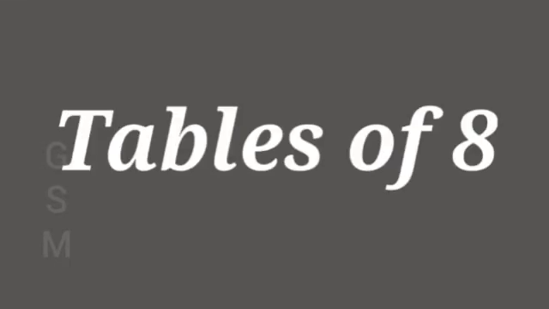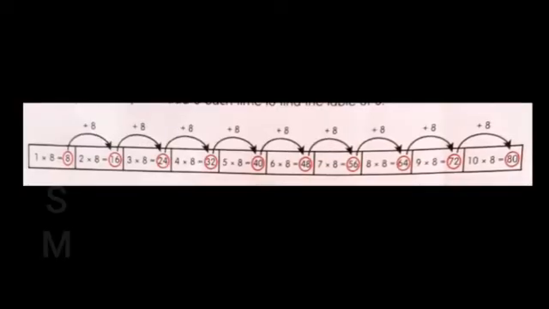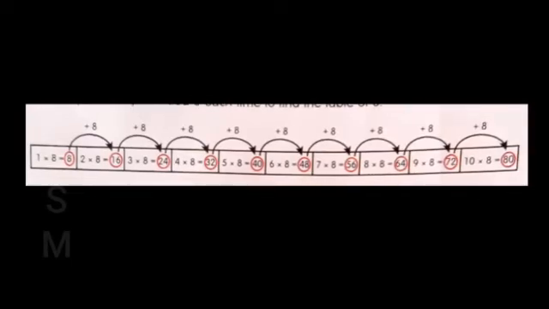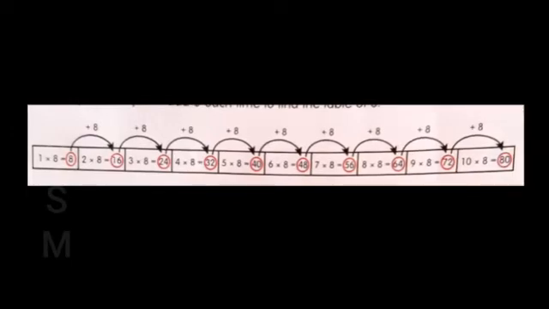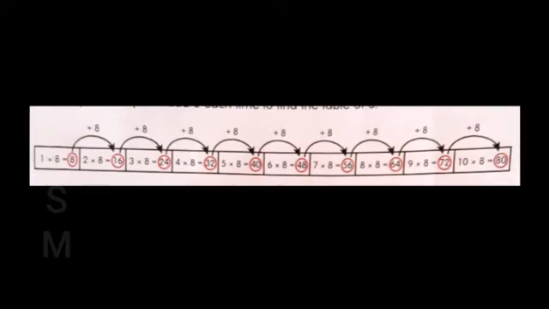And next we have to know about the table of 8. Say, for example, how many corners does this room have? How can you quickly count the total number of corners in all the rooms of a building? Yes, there are 8 corners in a room, 4 on the floor and 4 on the ceiling.